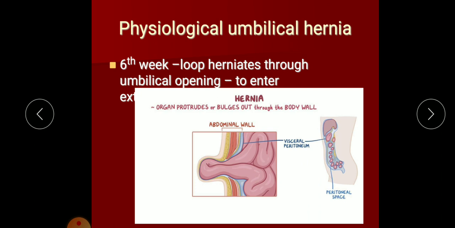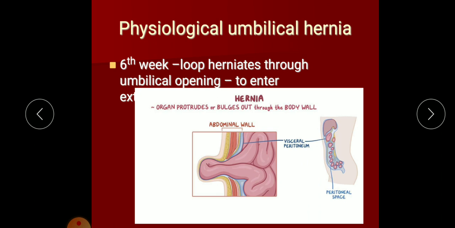And what happens is this midgut loop will be increasing in size, and you have the developing liver occupying a major part of the abdomen. So the midgut loop will not have space to be accommodated within the abdomen. So this midgut loop will herniate or pass through the umbilical opening into the extraembryonic coelom within the umbilical cord.